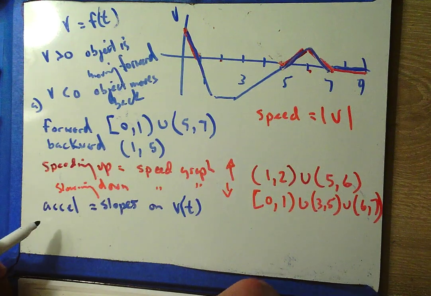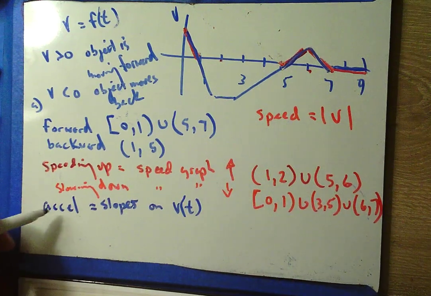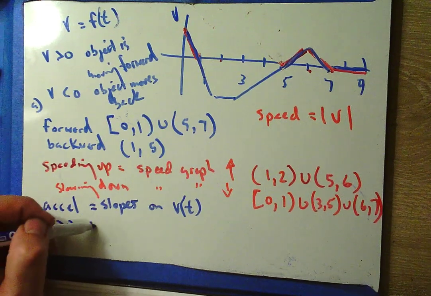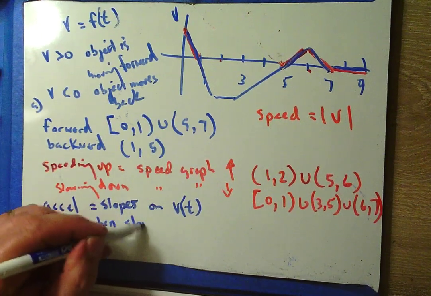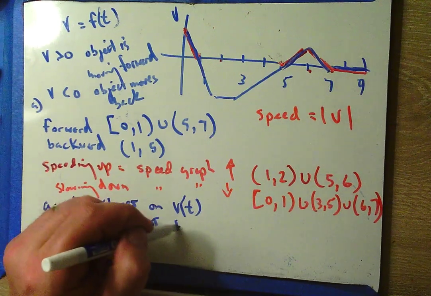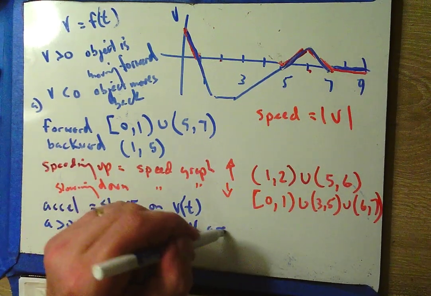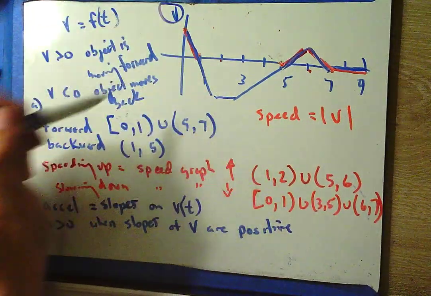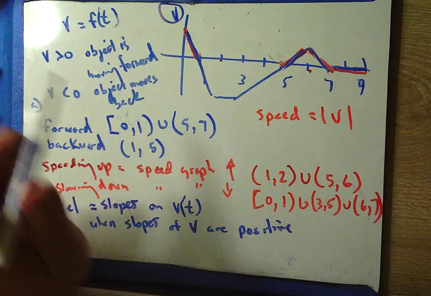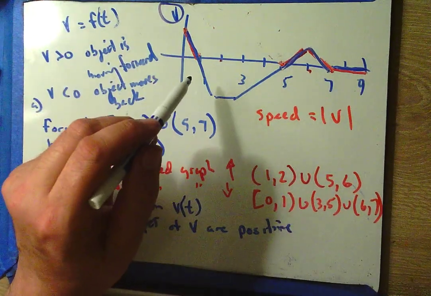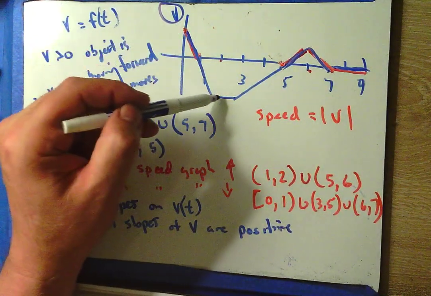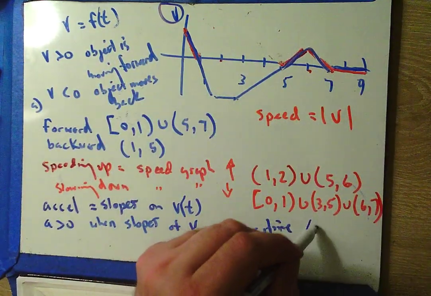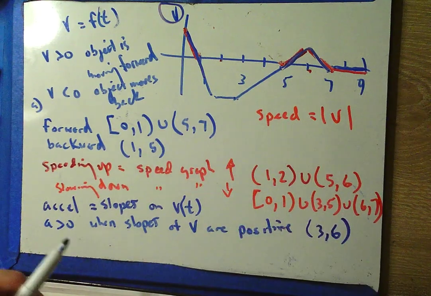So if I'm asked when acceleration is positive, that's when the slopes of v are positive. Well, here's the v graph. When are the slopes on v, not speed, when are the slopes on v positive? Negative slopes, zero slope. Ooh, here I have a positive slope from 3 to 6.